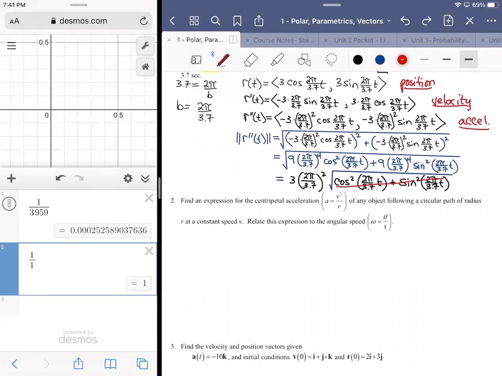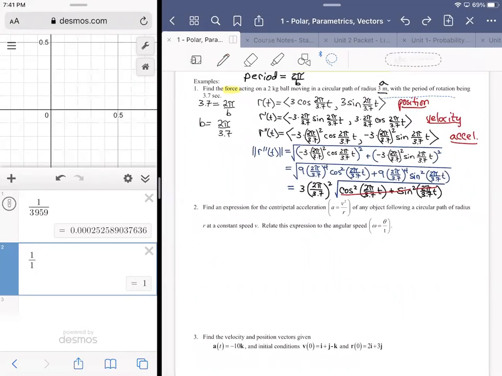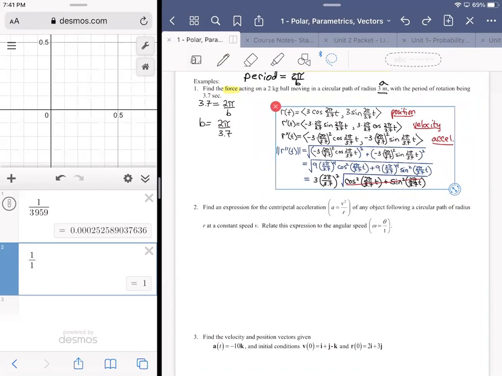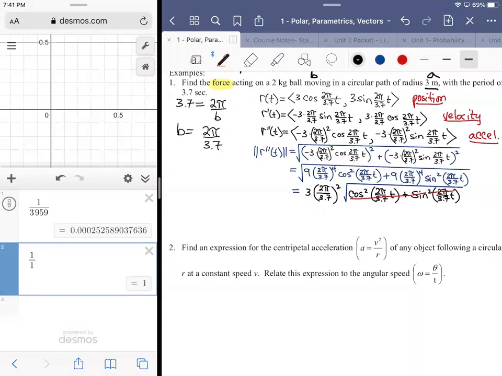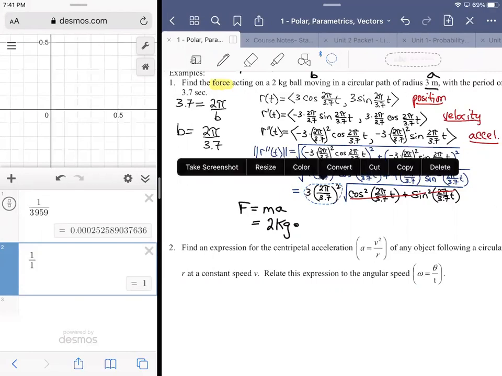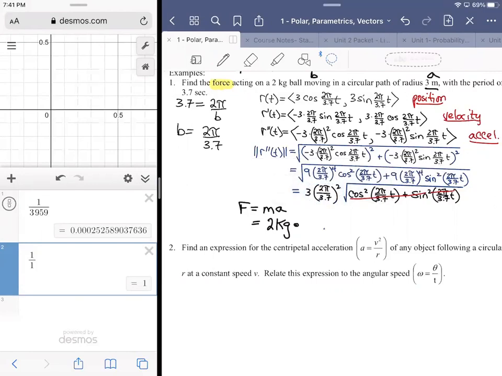Now I just need the force. So F equals ma is going to be the mass, which is 2 kilograms, multiplied by this expression.